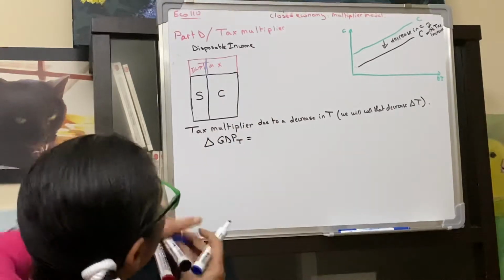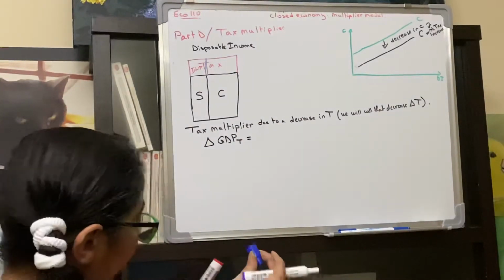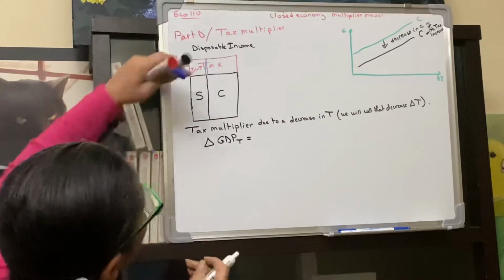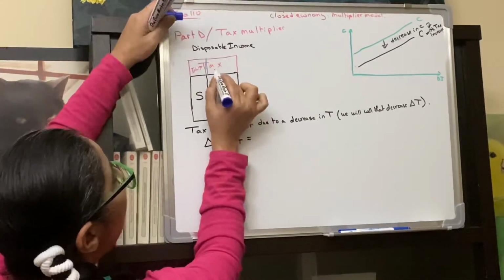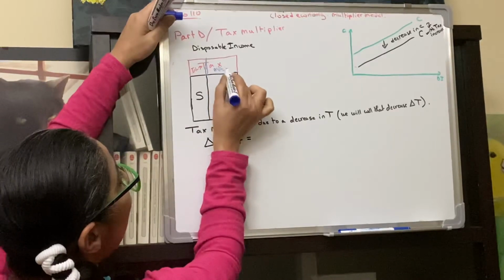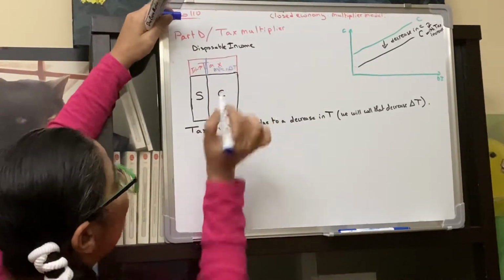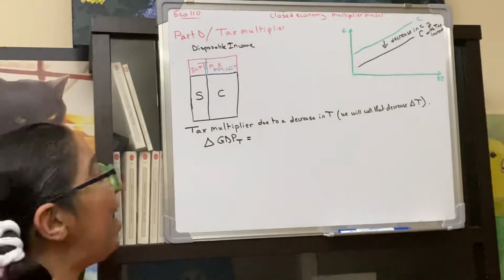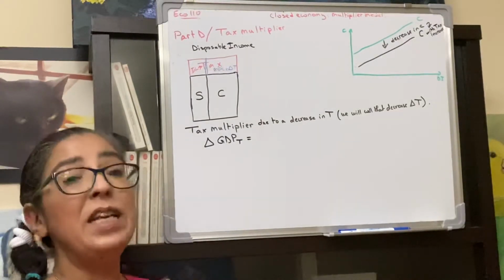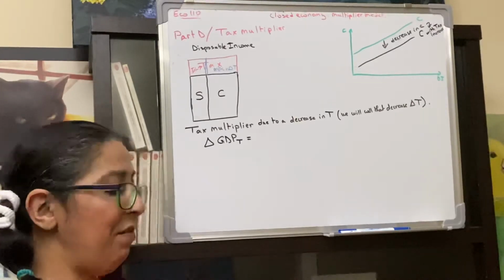So what's going to be in your consumption is only one part of the tax change, which you calculate as MPC times delta T, because another part is going to go to saving, as your income is divided between consumption and saving.